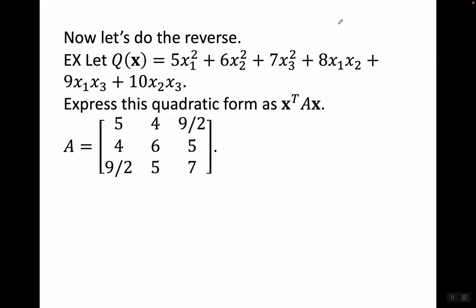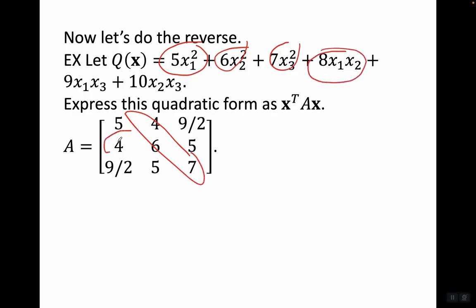Okay, turns out A is going to look like this because we can see that the squared terms have coefficients 5, 6, 7, so we know those are going to be the terms along the diagonal. 8x1x2 is going to be split evenly between 4 and 4. Again, x1x2, so we put 4 in the first row, second column, and the second row, first column.